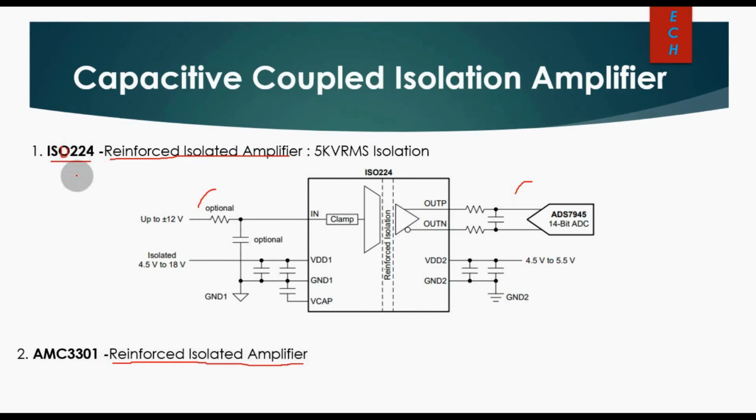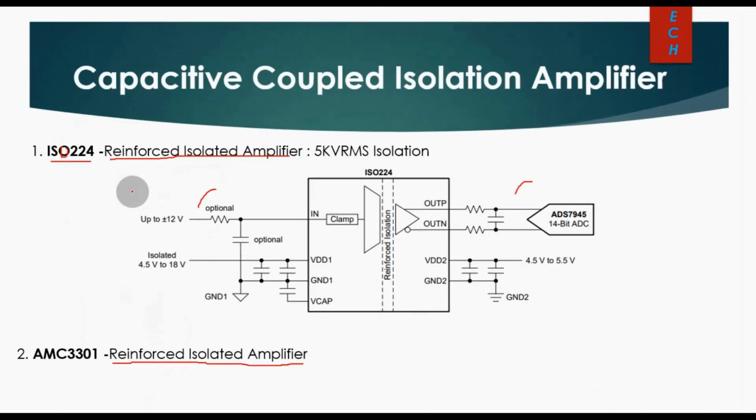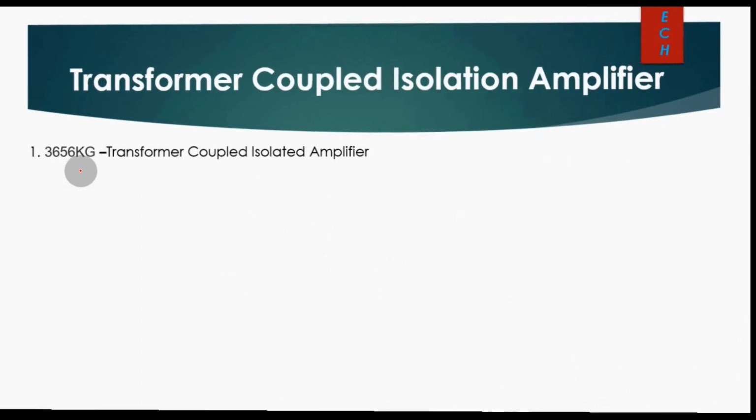So these both are the example of capacitive coupling isolated amplifier, right? Now let us see the example of transformer coupled isolated amplifier. Okay, so this is 3656 which is a transformer coupled isolated amplifier. So lots of parts are available in Texas Instruments regarding the isolated amplifier, right? So these are taken from their website only.